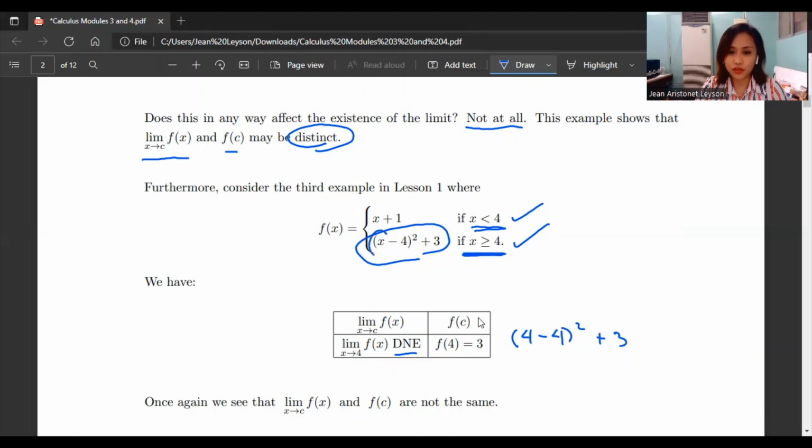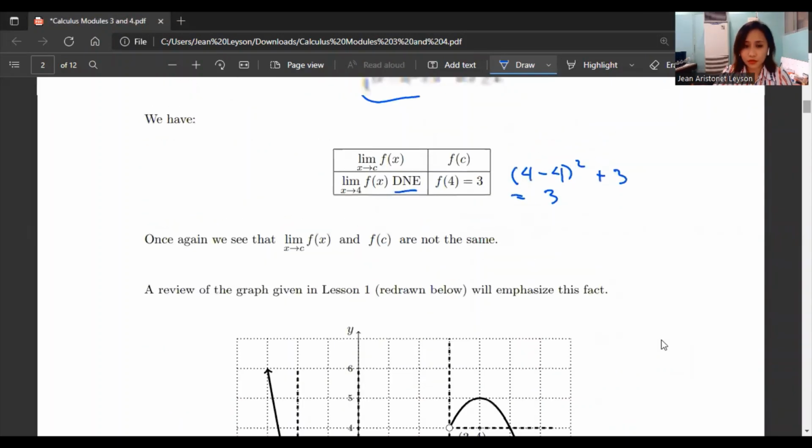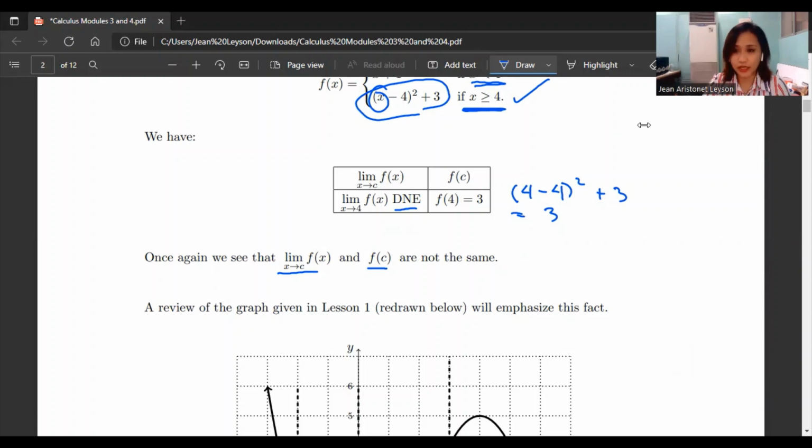Substituting 4 right here, that's 0 squared, that's 0, plus 3. So once again, we see that the limit of the function as x approaches C and f of C are not the same in this case.